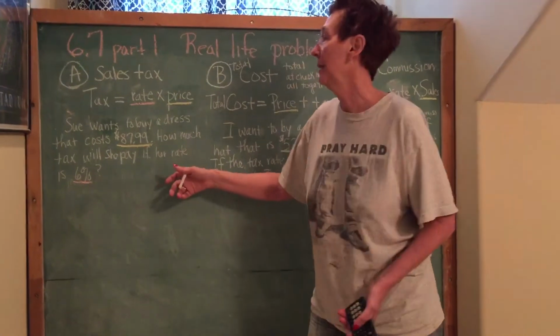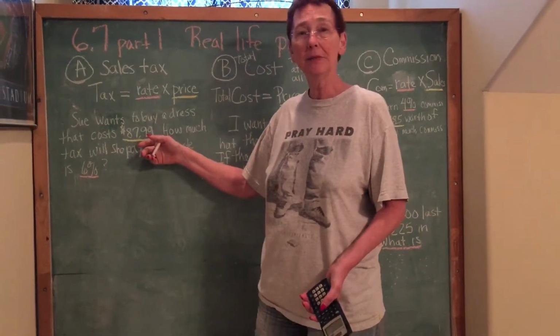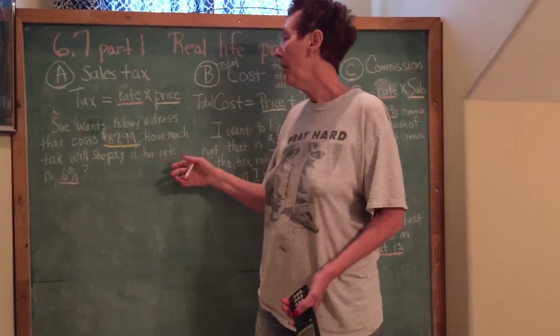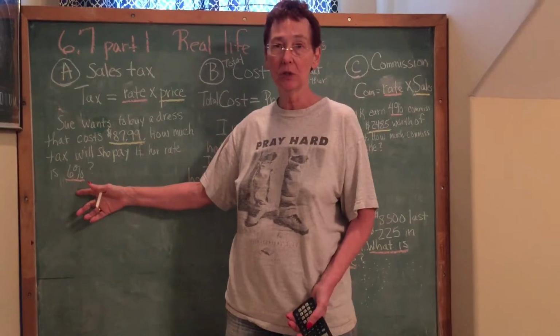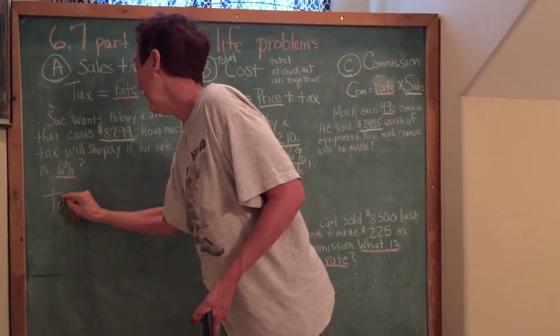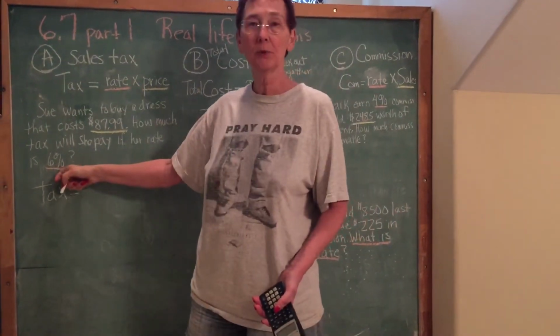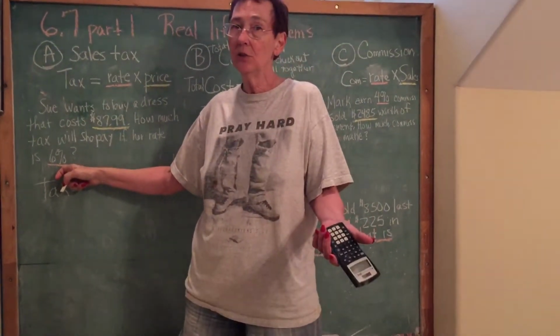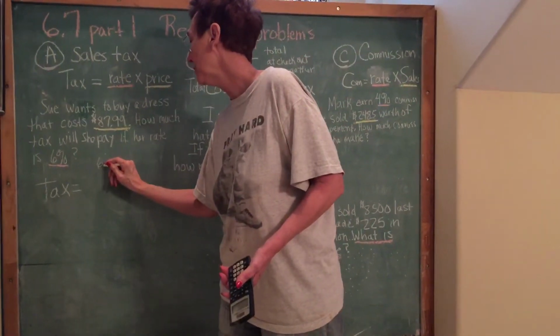So let's look at this example. She wants to buy a dress, and the dress costs $87.99. So how much tax is she going to have to pay if her tax rate was 6%? So I'm going to use my basic idea. I'm looking for the tax. My rate is 6%, so I have to change that into a decimal, correct? So 6%, here's your decimal point.